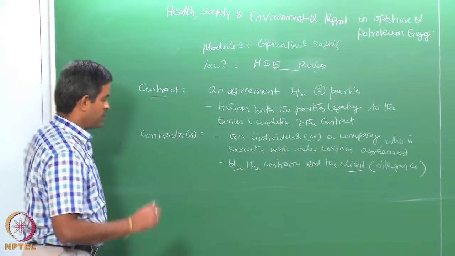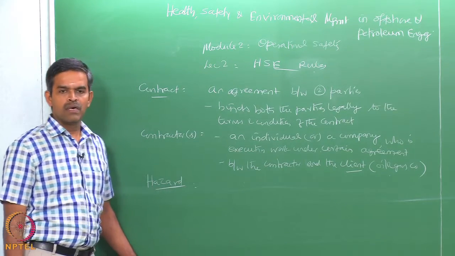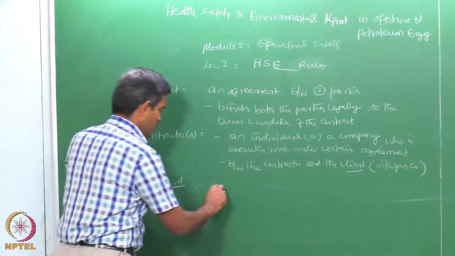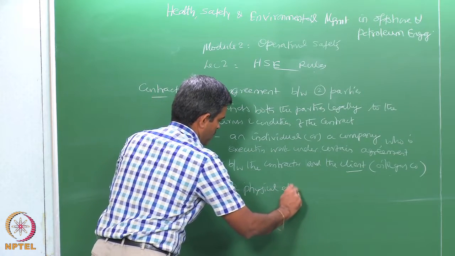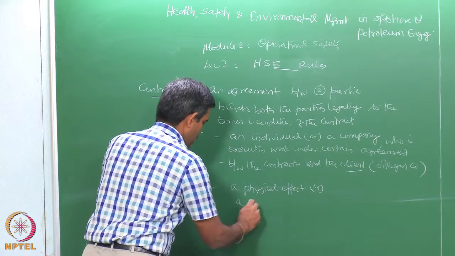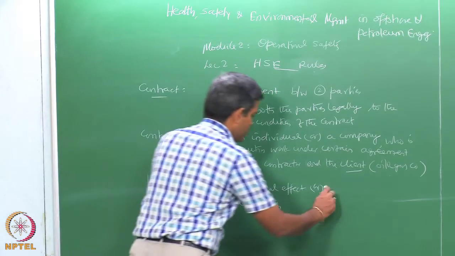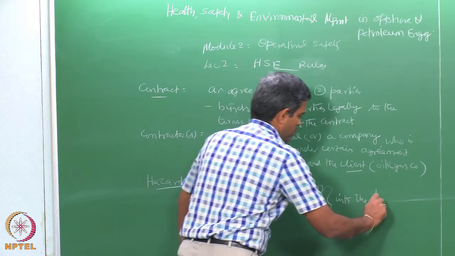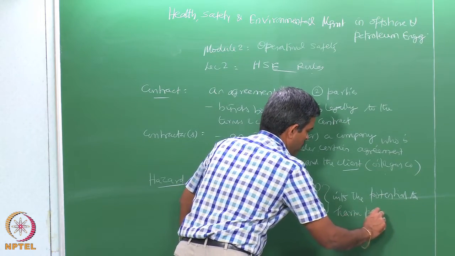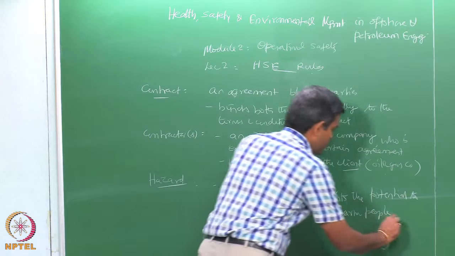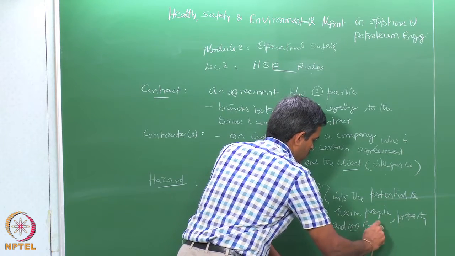Let us come to more classical definitions. Hazard. We already said even in module 1, hazard actually is a scenario, a physical effect or a condition with the potential to harm people, property and or the environment.